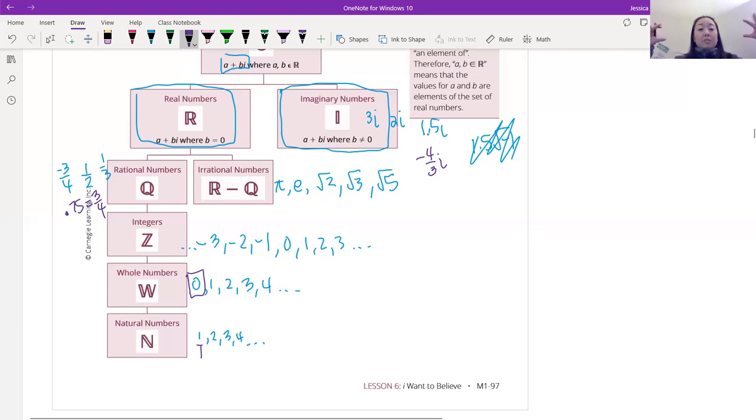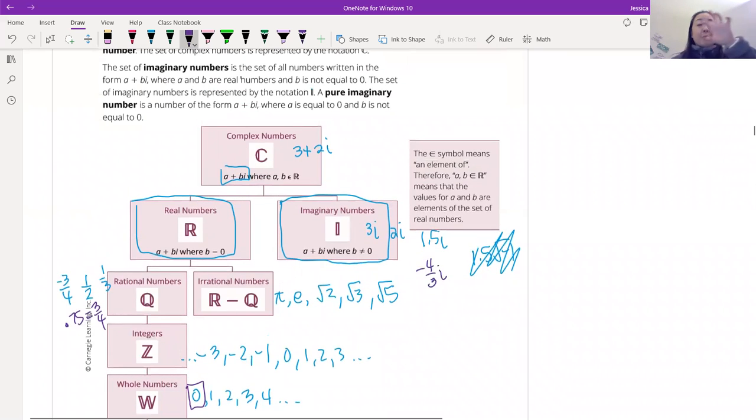Now, when those two worlds combine, those two forces combine, what's going to happen? That's where we get our complex numbers. Always the real number first and then the imaginary number. That's just standard protocol, standard form. That's why we have a real part here and then our imaginary part, and together that's called a complex number.